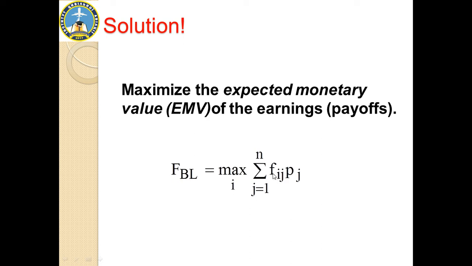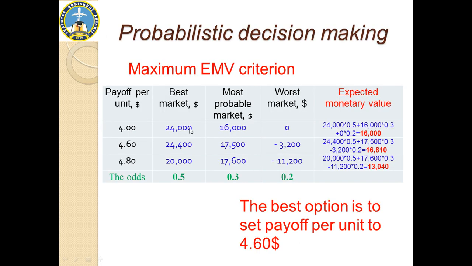So we just take the corresponding payoff for the state of nature number 1, which is the best market condition. We multiply this payoff by the probability of this particular state of nature and add the next value.